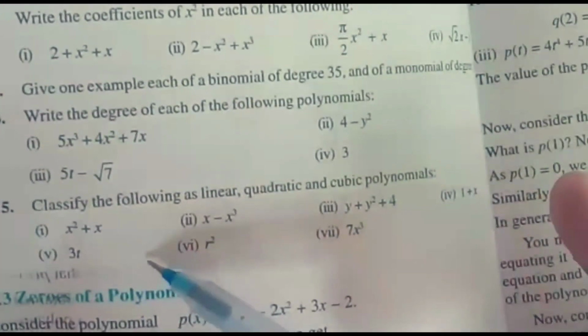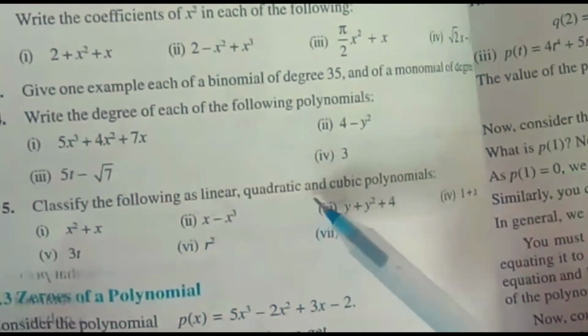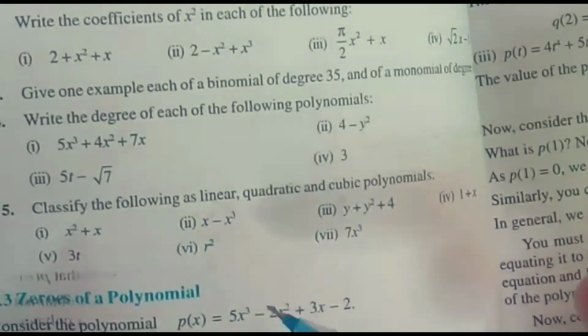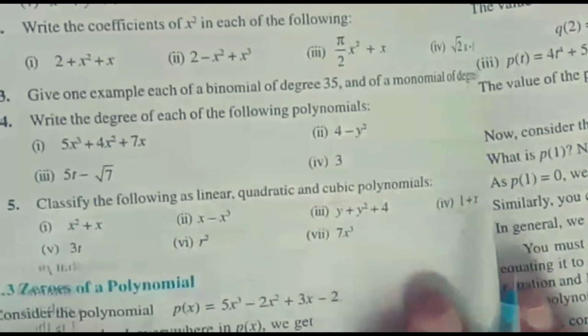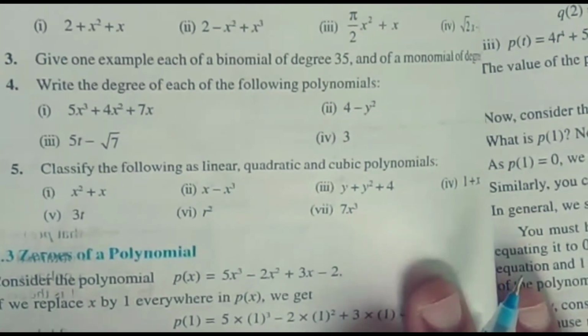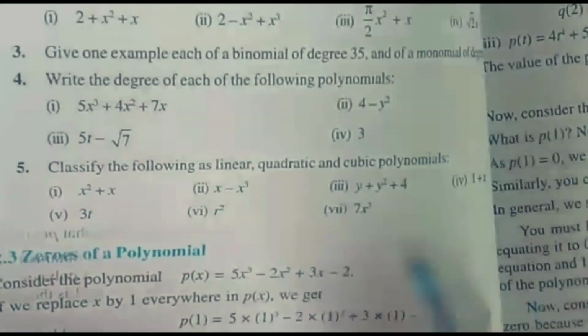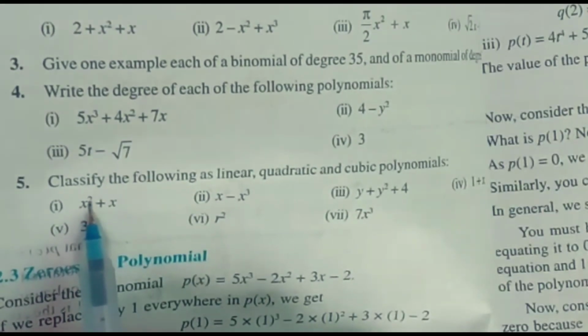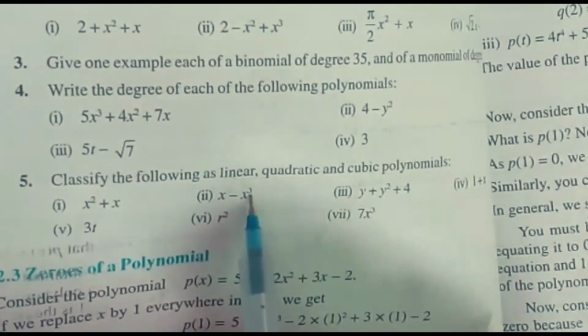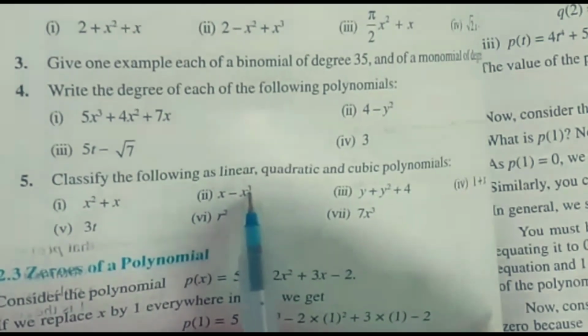Let us classify whether the given polynomials are linear, quadratic or cubic. Whichever polynomial has highest degree 1 is considered linear, 2 as quadratic and 3 as cubic. So you can see here the highest degree of this polynomial is 2, so it is quadratic. Here the highest degree is 3, so it is cubic.